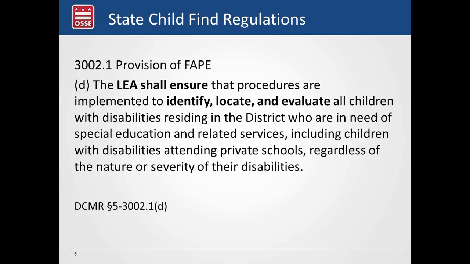In the section that talks about FAPE, which is free and appropriate public education, it says specifically that the LEA shall ensure that procedures are implemented to, and here we see those three key words again, identify, locate, and evaluate all children with disabilities residing in the district who are in need of special education and related services, including children with disabilities attending private school, regardless of the nature or severity of their disabilities.